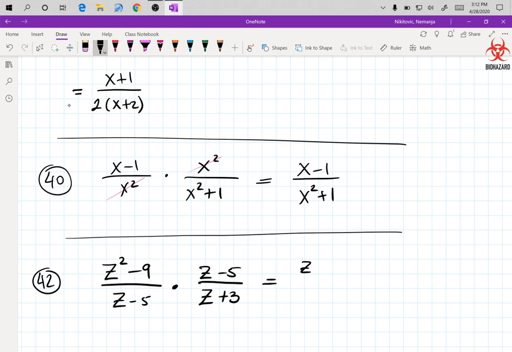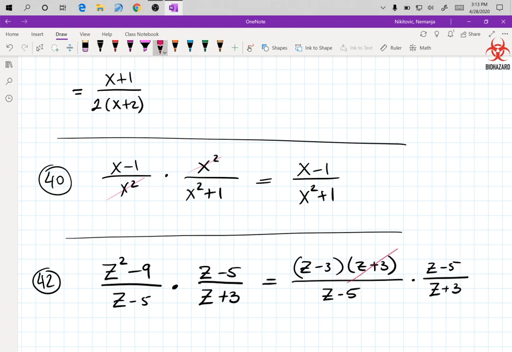So that's z minus 3, z plus 3, using the difference of squares formula, which we memorized in chapter 6. Then z minus 5 divided by z plus 3. Alright, so now z plus 3 cancels z plus 3, z minus 5 cancels z minus 5, and the only thing that survives is z minus 3 as the answer.